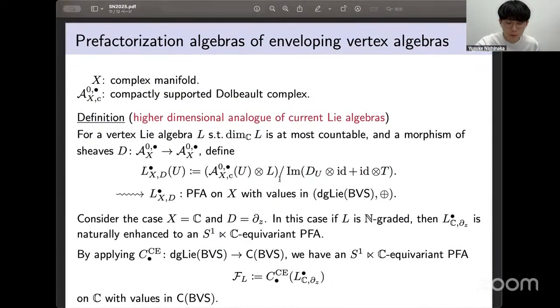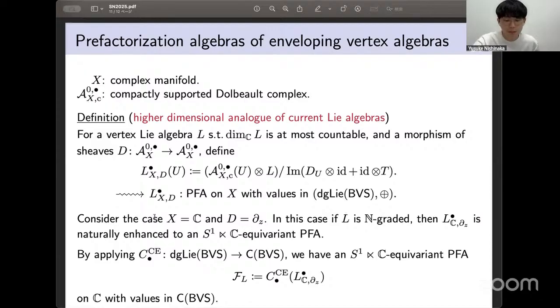Now let's construct the prefactorization algebra corresponding to the enveloping vertex algebra. Let X be a complex manifold and consider the compactly supported Dolbeault complex. For a vertex Lie algebra L that is at most countably dimensional and a morphism of sheaves D, we define a complex L_X^D as a certain quotient. This gives a prefactorization algebra on X with values in the category of dg Lie algebras.